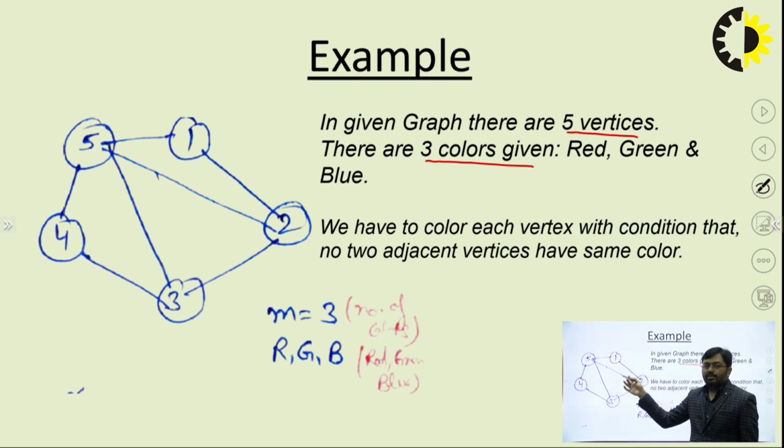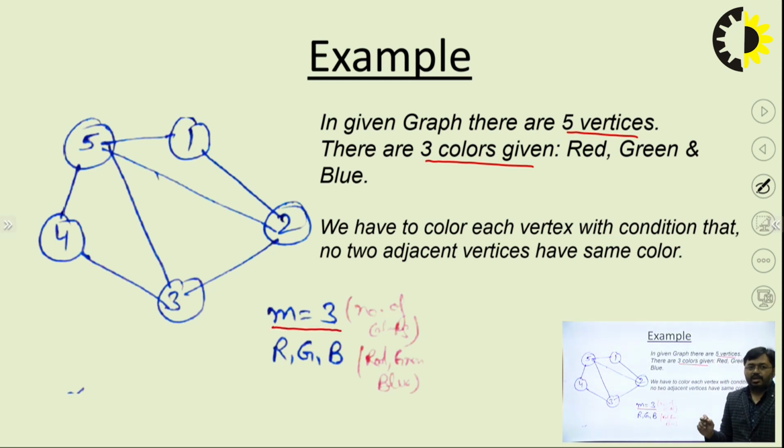The colors are shown by small m, and small m here is 3. It means the number of colors is 3, which are red, green and blue, RGB. Then we have to color each vertex with the condition that no two adjacent vertices have the same color.